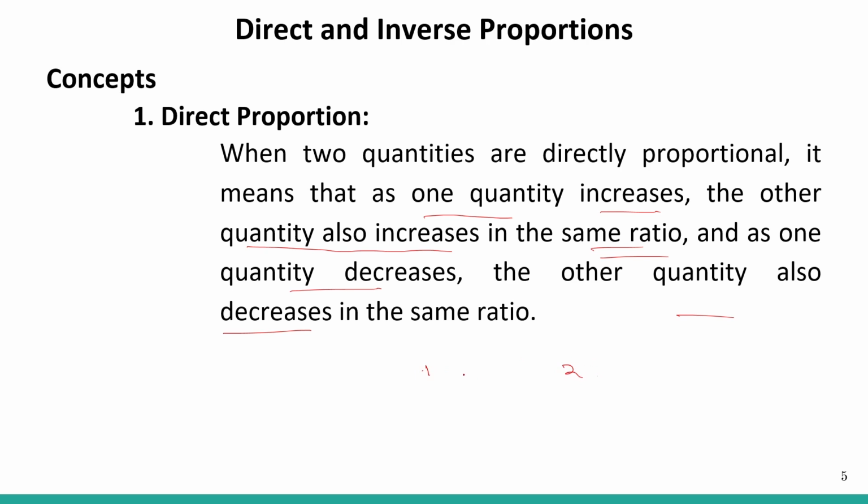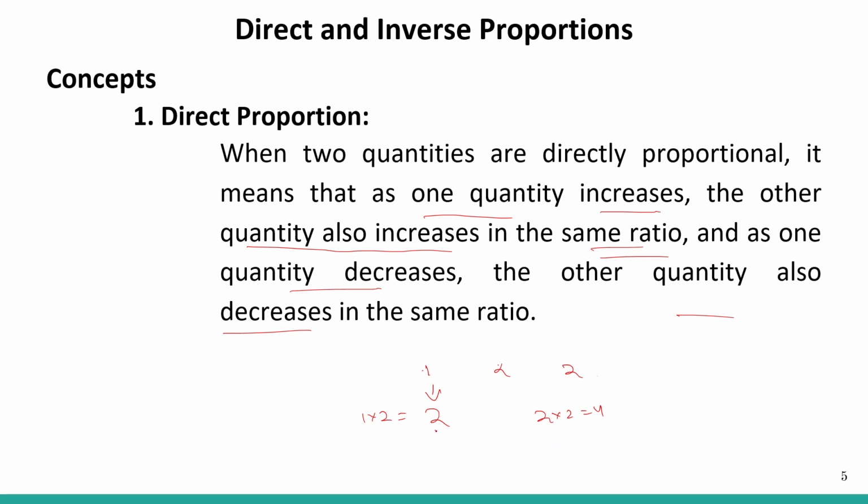If 1 is directly proportional to 2 and 1 becomes 1 into 2, then 2 will become 2 into 2, which is 4. So as one quantity increases, the other also increases.